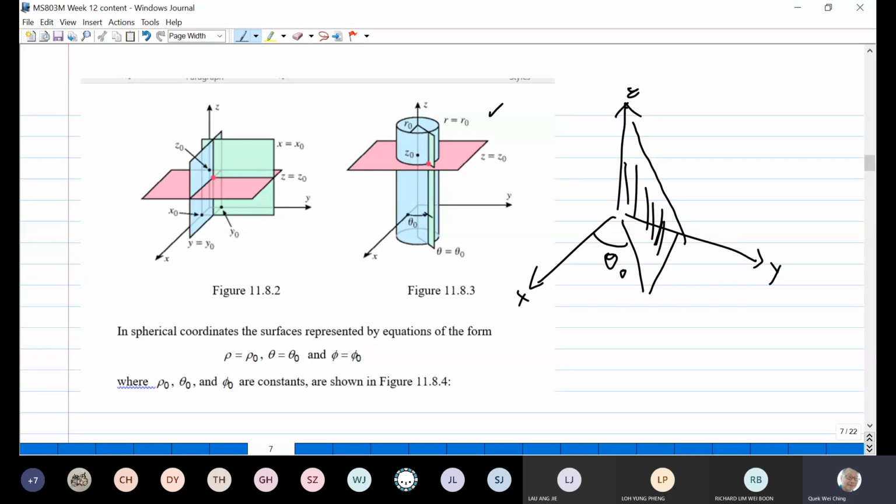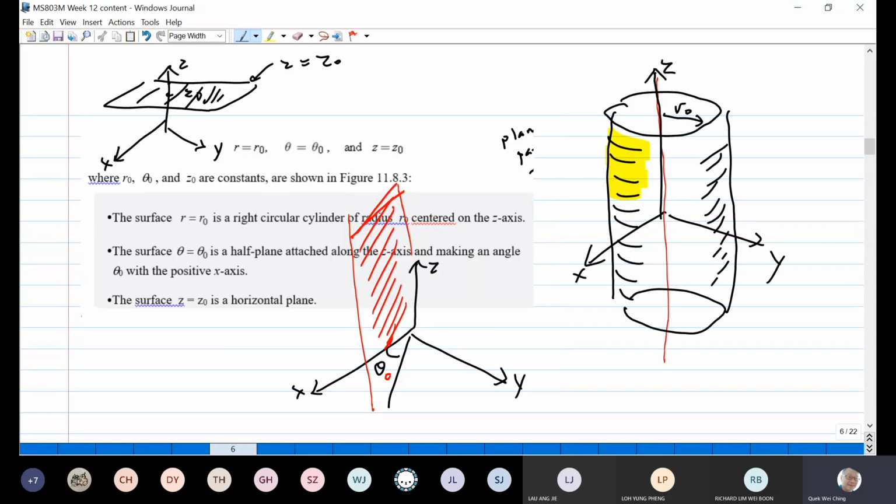If you want to go through the z-axis there, then it's another plane now. The angle is not theta 0, it's 180 plus theta 0. So that's why it's a half plane.